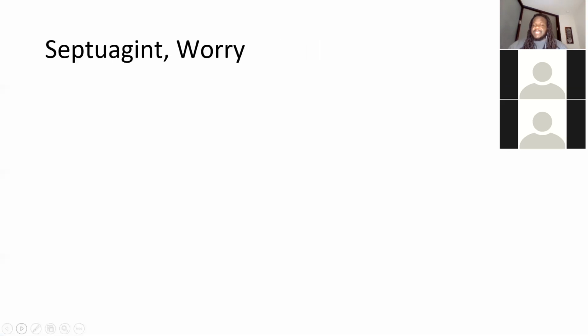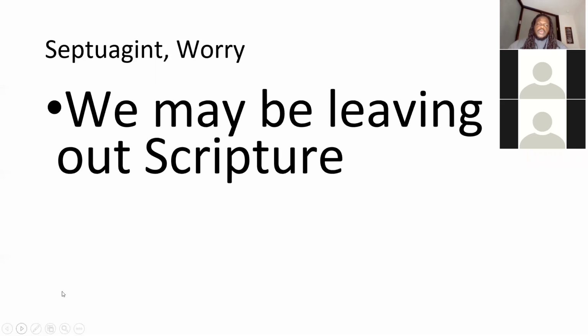But if he did read the Septuagint, then the fear is that we may be leaving out certain scriptures, because the Septuagint contains a few more books that the Hebrew Bible does not have. That is the fear that we may be leaving out certain scriptures that we should be reading, but we're not because we don't accept the Greek version of the Old Testament.